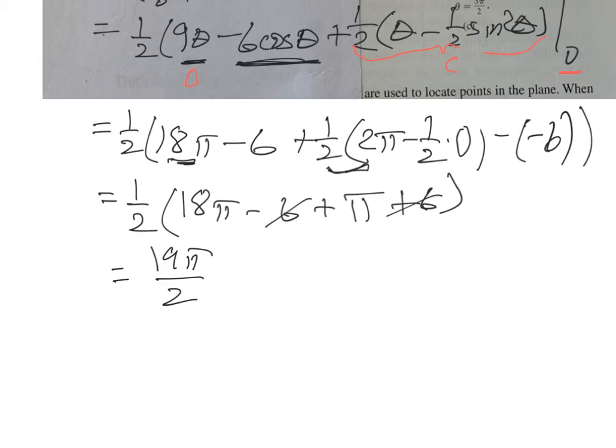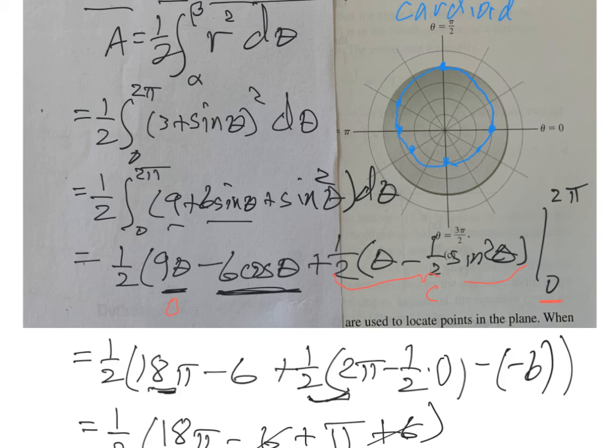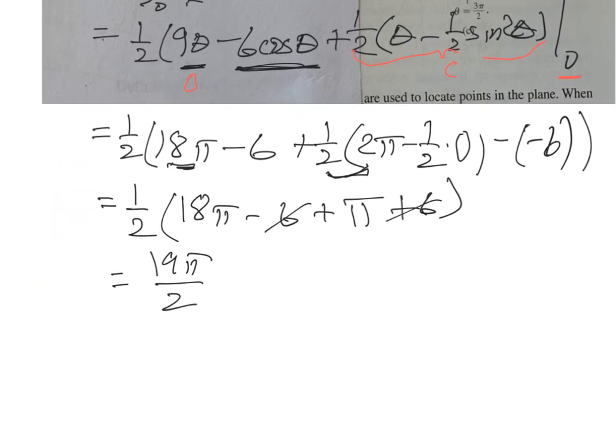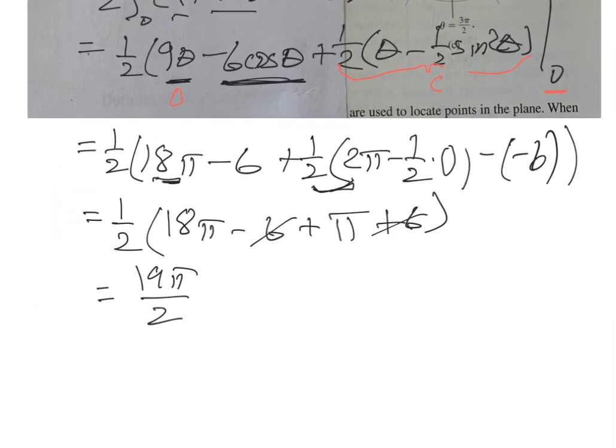The graph is totally contained inside a circle of radius 4. So therefore, we know that the area that we're trying to calculate has to be smaller than the area in a circle of radius 4, which is 16 pi.